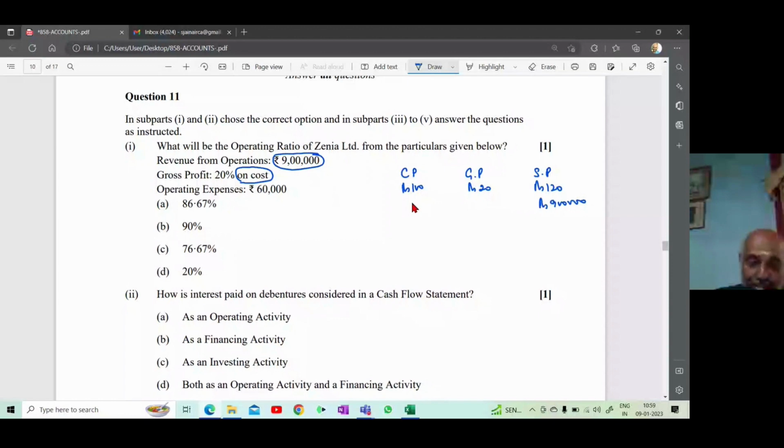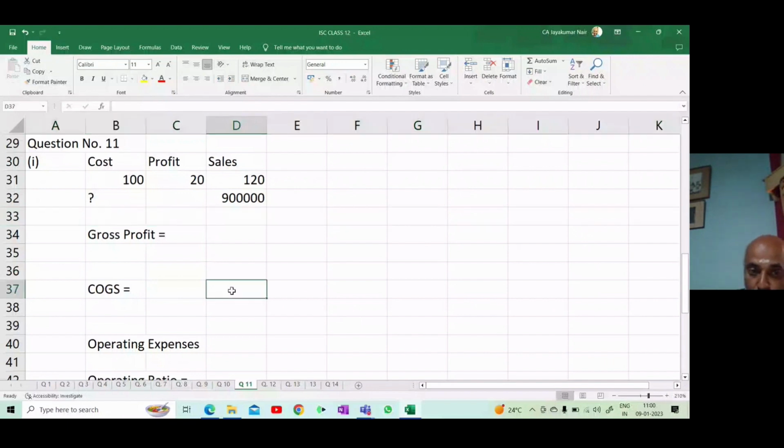I've calculated, it's 100 into 9 lakhs divided by 120, so it is 7,50,000. How do I find the gross profit? Sales minus cost of goods sold will give you the gross profit.